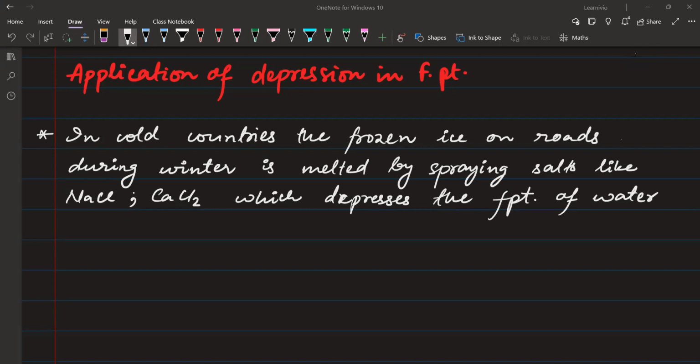Now the ice that has formed, after freezing it, is going to melt at lower temperature. But when you are having ice at 0 degrees Celsius, it is not going to melt.